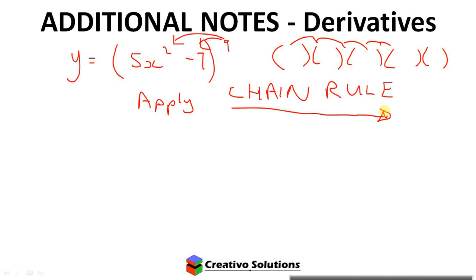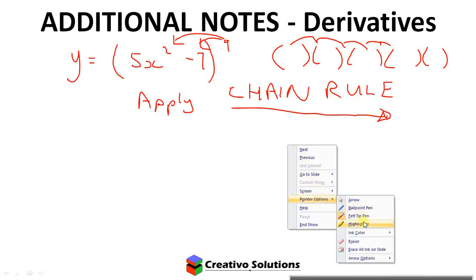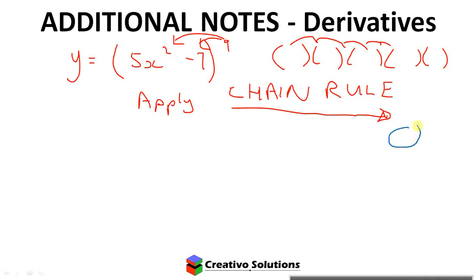Okay, so that's what we're going to be doing with this particular question. Right, so how do I apply chain rule? Well, when you look at the word chain, think of what a chain looks like. It's like 2 metal circles being linked. Okay, so chain rule is exactly that. You're linking 2 expressions.